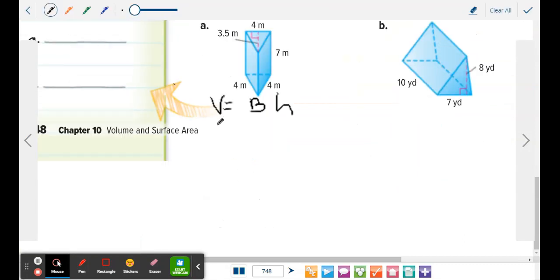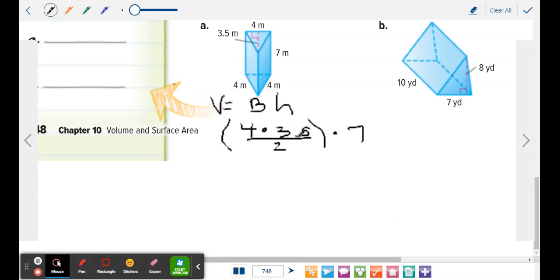So let's start with the triangle. What is the base of the triangle? The base of the triangle, 4. And what's the height of the triangle? 3.5, guys. It's pointing right there to that pink dotted line. The height of a triangle will always be that pink dotted line. It will be there most of the time. Okay, and then what's the height of the entire thing? 7.